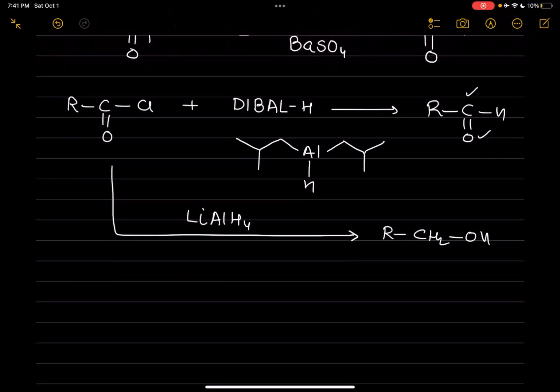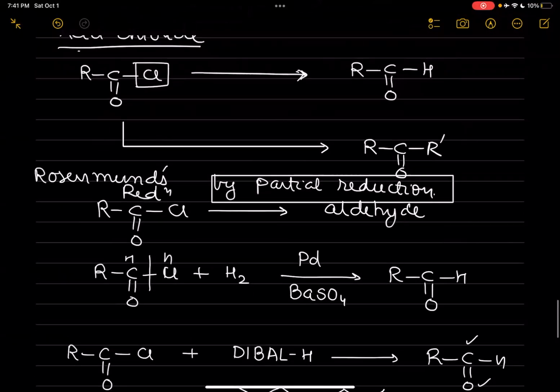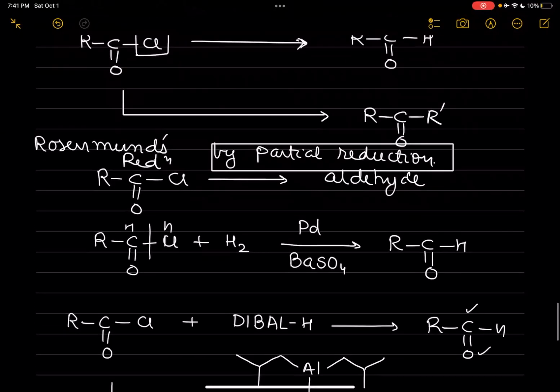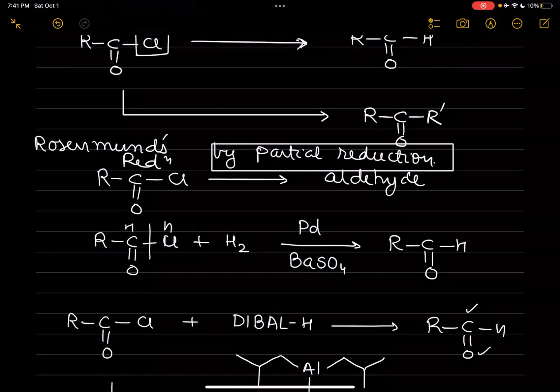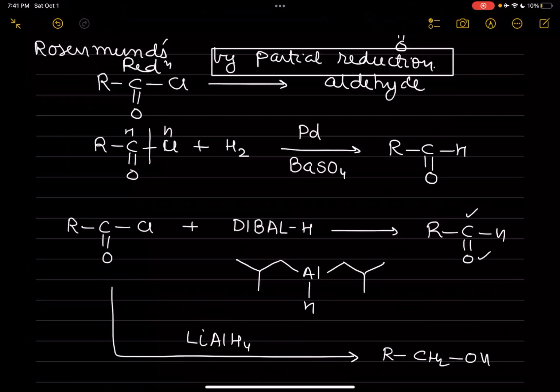So this is a very, very important thing you need to remember. This is the preparation of aldehydes from acid chloride by Rosenmund reduction. Rosenmund is partial reduction, where you take RCOCl acid chloride and H2, Pd along with the catalytic poison. The poison deactivates the catalyst, thus preventing the reduction from happening completely. You will have only aldehyde.